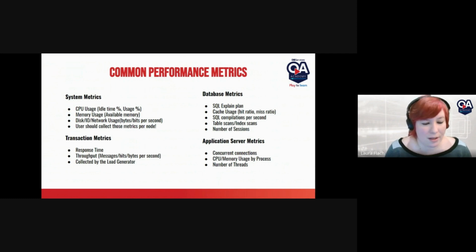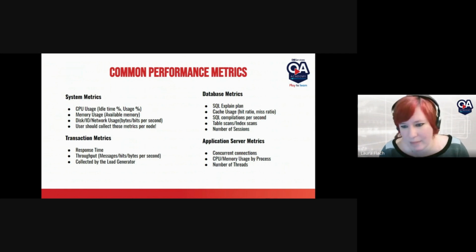This is really important because sometimes one node has one number and the other node has a different number, and with that you can see if the load balance is being done correctly, or many other problems that can be happening.